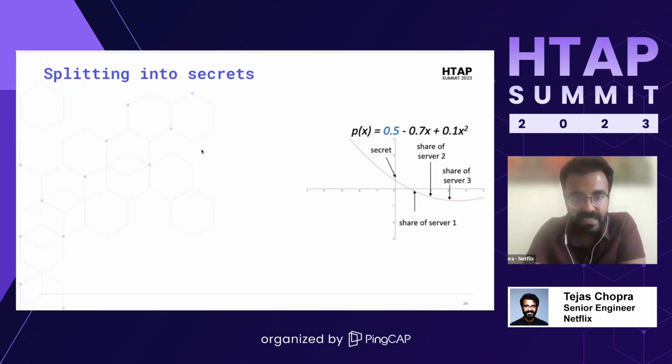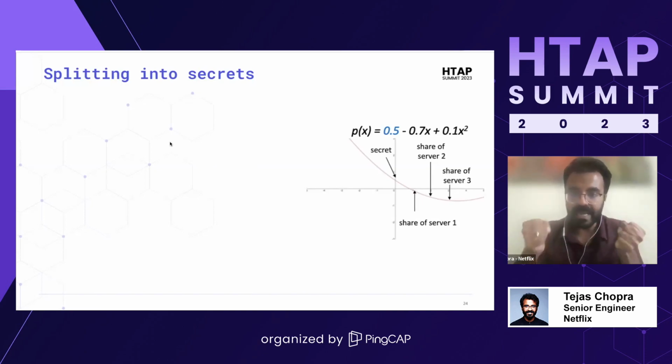Let us say that we have a secret. A secret is nothing but some number that you want to somehow split across nodes. All you have to do is make a polynomial pass through that secret, and then take random points on the polynomial and spread them across different nodes.